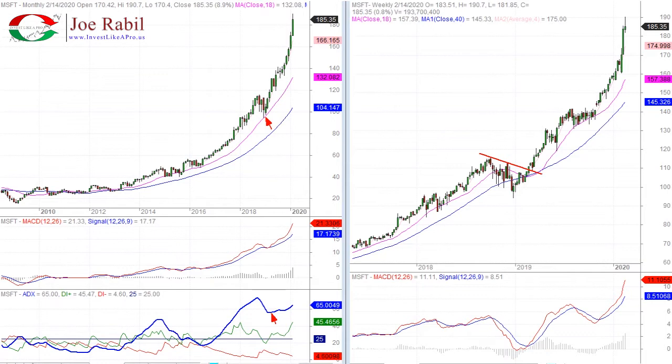But first thing I just want to explain is, again, I'm using multiple time frames, and I've got Microsoft up here. On the left side is a monthly chart, and on the right side is a weekly chart. This weekly chart on the right is the exact chart I used for my book, Invest Like a Pro.